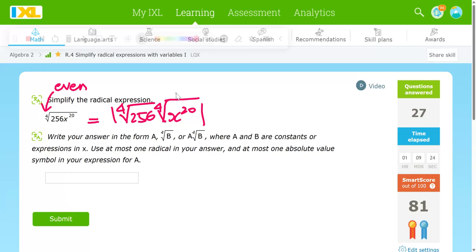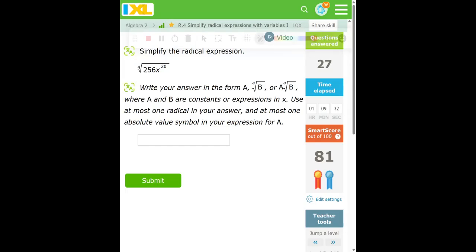I have a feeling it comes out at 4, so let me get a calculator. Fourth root of 256, it should be number 4. Here we go, it comes out as 4.